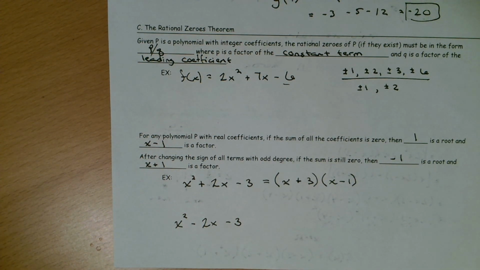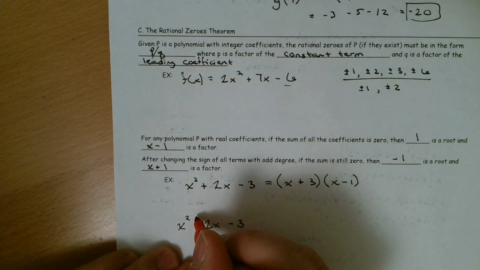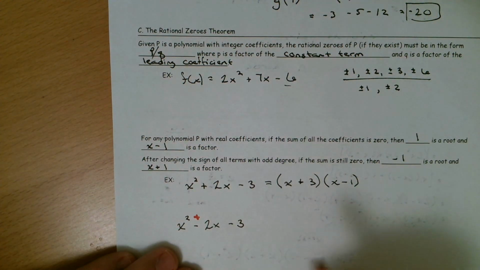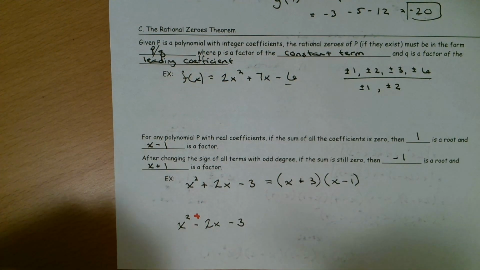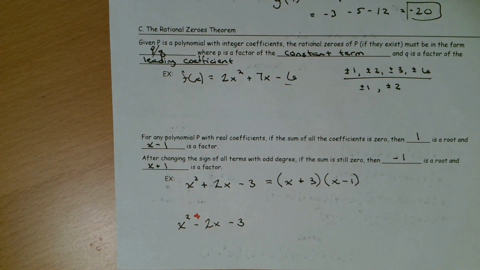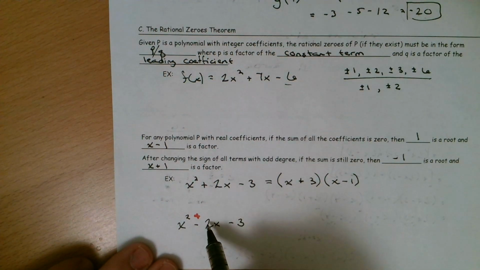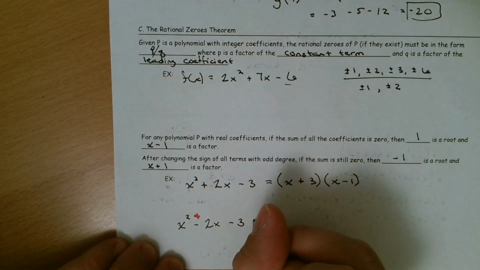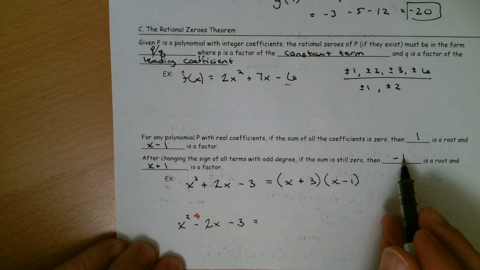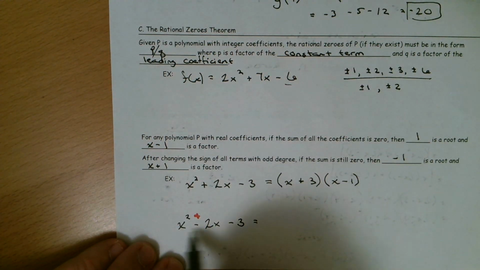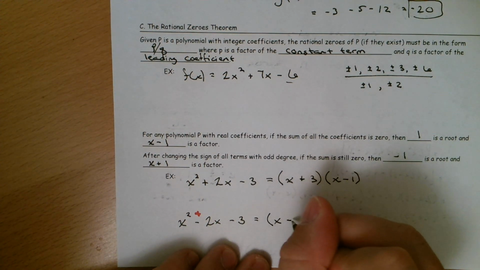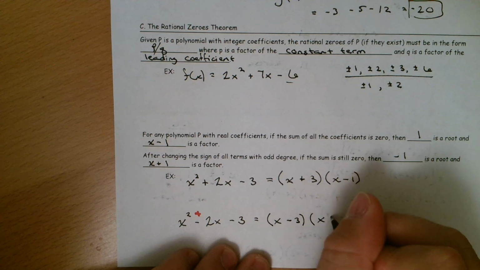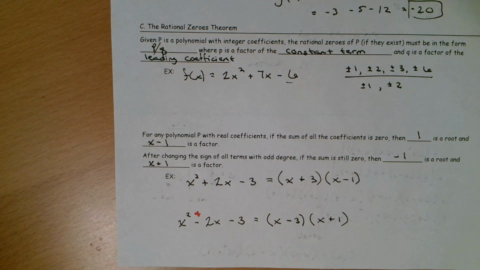That would change this to a plus right there, because this is an odd degree, x to the first power. Let's change the sign on it, and then add up those coefficients. 1 plus 2 is 3, minus 3 is 0. So it should work that -1 is a 0 and x plus 1 is a factor. Let's go ahead and factor the original equation. It should factor into x minus 3, x plus 1. There you go. Pretty cool.